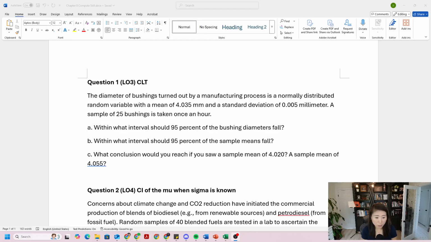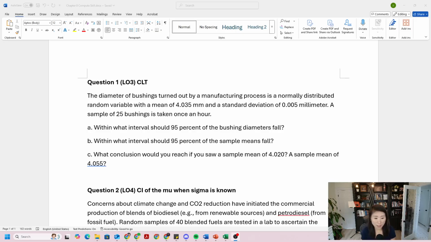Second, within what interval should 95% of the sample means fall? Last one, what conclusion would you reach if you saw a sample mean of 4.020 and a sample mean of 4.055?